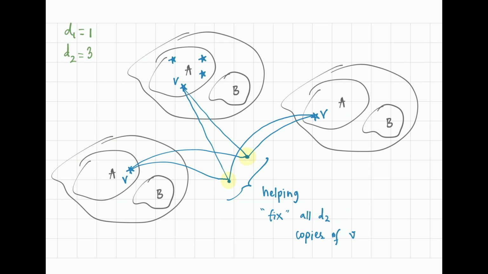And if k is at least 3, then any clique in H which has at least 3 vertices must be contained completely in one of the copies of G, and that's the crucial observation.